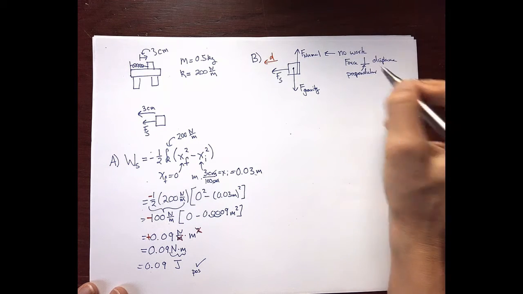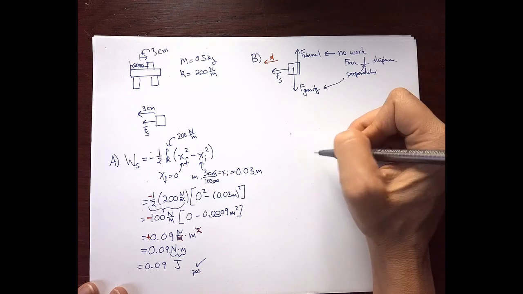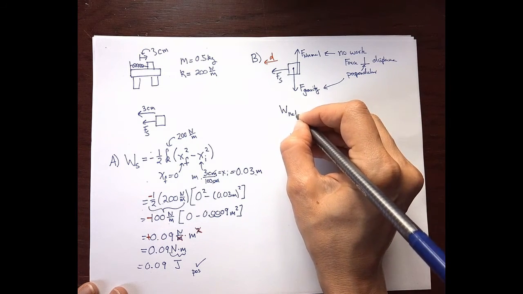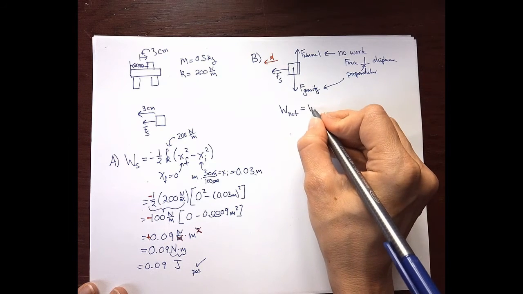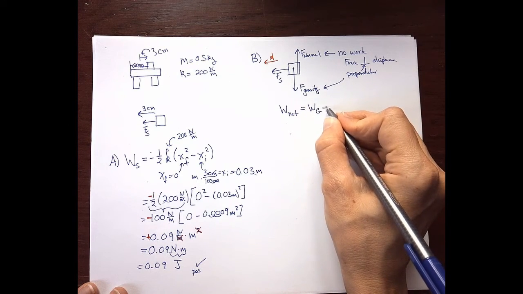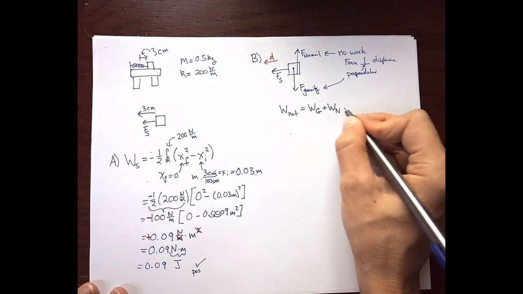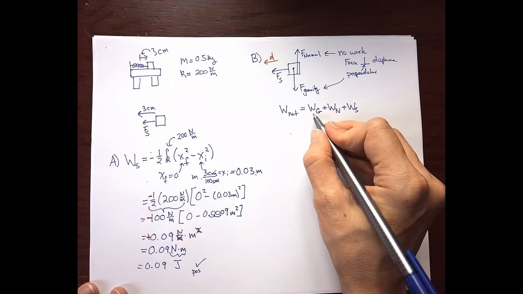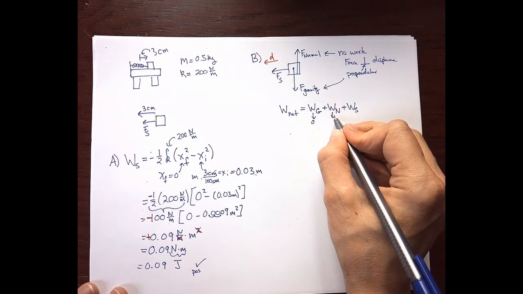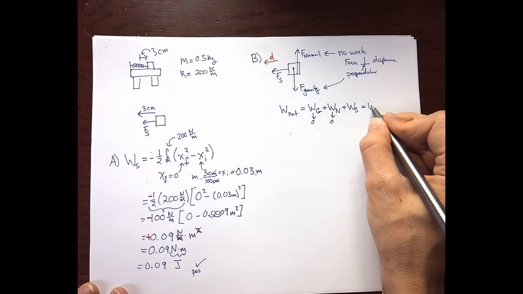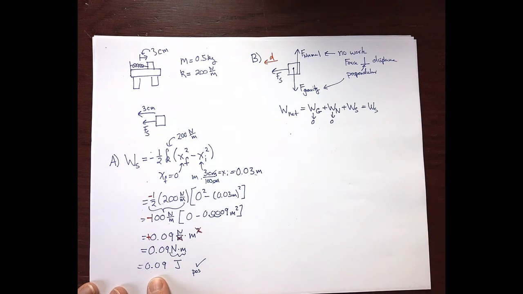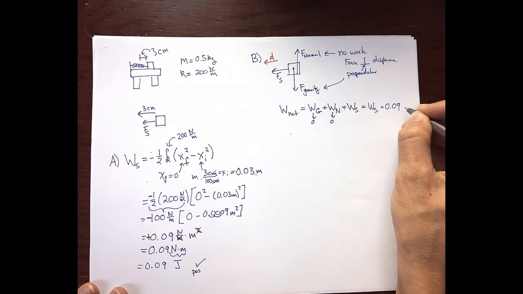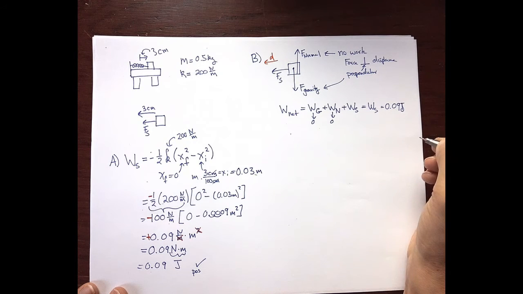And when that happens, there's no work done. And that's also going to be true of gravity. So in this case, the net work, the sum of all the work, which would normally be the work done by gravity, plus the work done by the normal force, plus the work done by the spring. Well, that one's 0, and that one's 0. So all we have is the work done by the spring, which we solved for down here. So the net work on this guy is 0.09 joules.